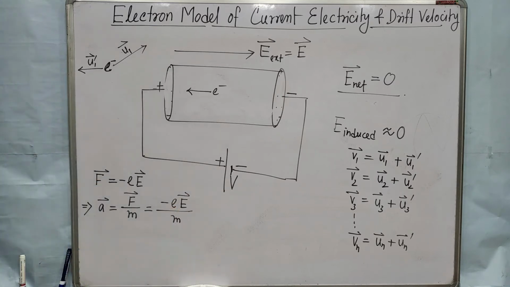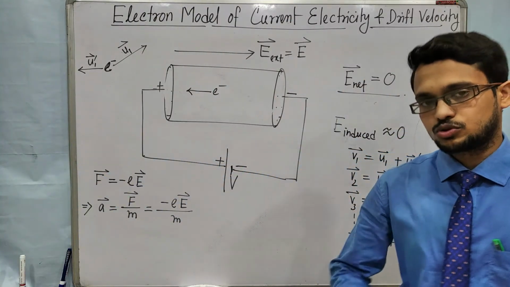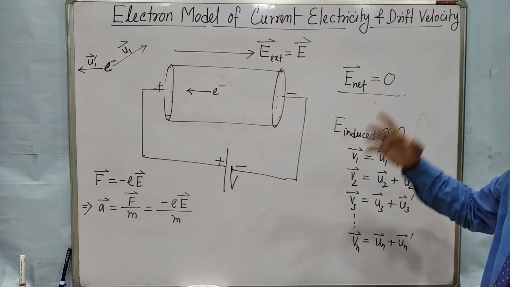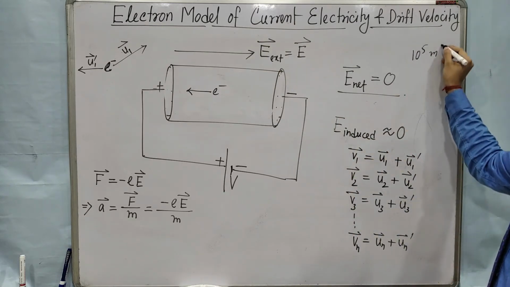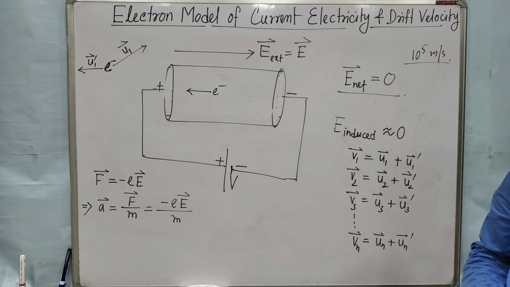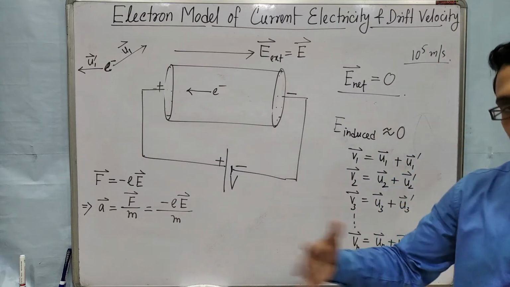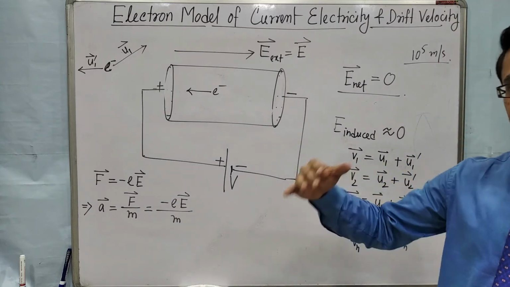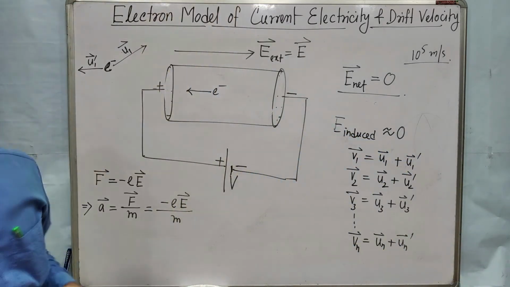This is acceleration. Now you can think that due to this acceleration, the velocity of electrons will become very high, because the initial velocity is almost 10 to the power 5 meter per second, and after that there is this amount of acceleration. So as time goes on, velocity will increase, and after a long time, velocity will be very high.